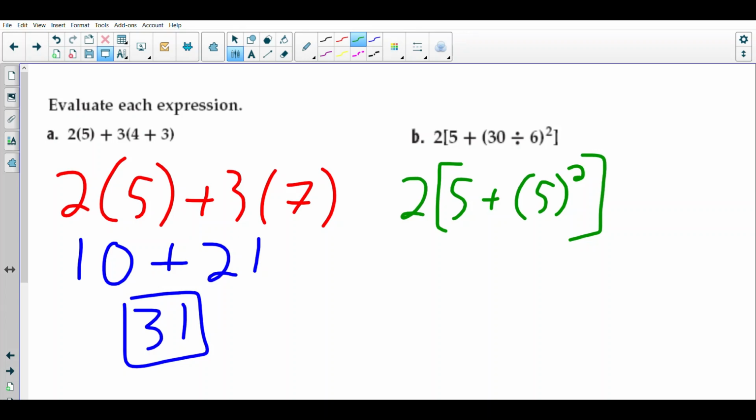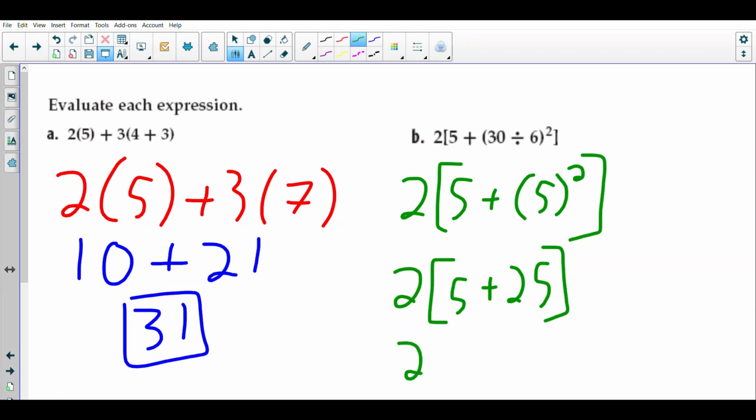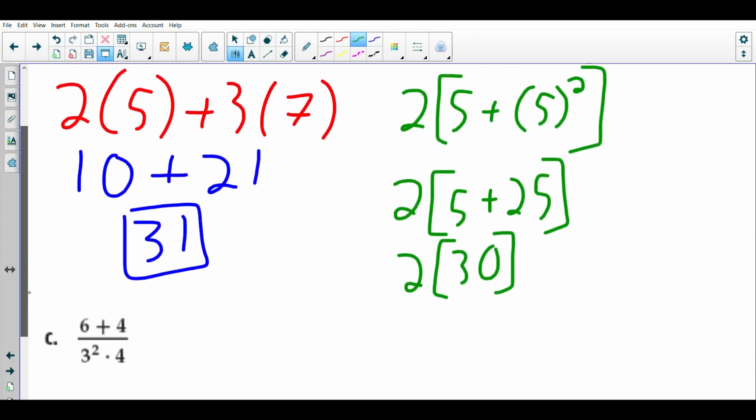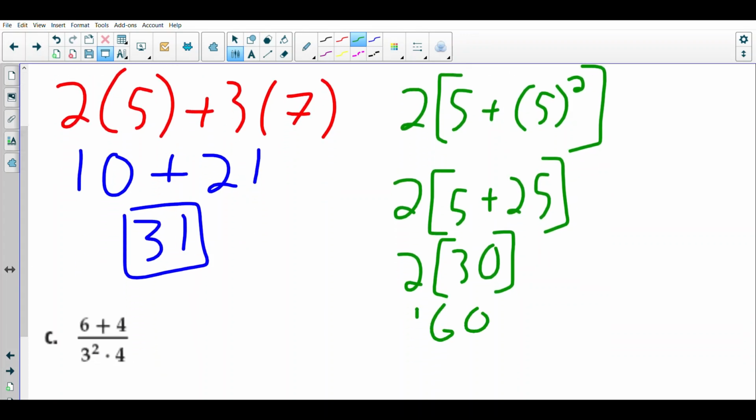Then I have more parentheses, but on the inside of the parentheses, they're called hard brackets, I actually have a power, so I'm going to do that power first. So I have 5 plus 25, and now I'm going to do the brackets first, and that's the addition. So I have 2 times 30, and all that's left is multiplication. So I'm going to get 60 as my final answer.